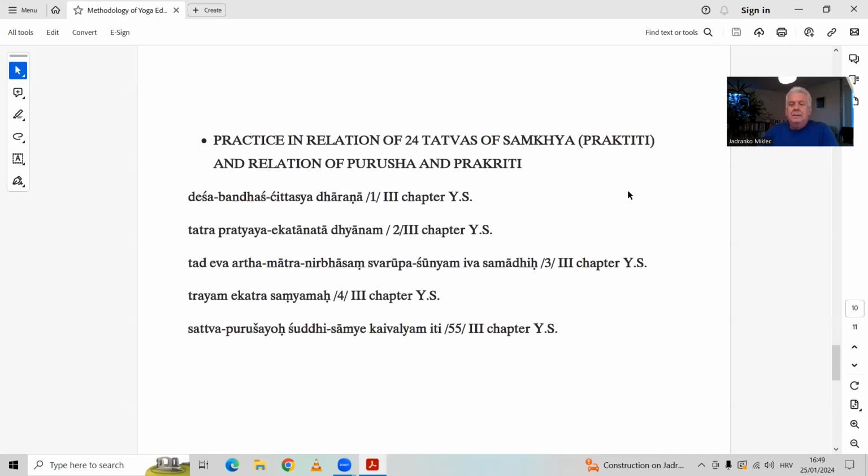And then this relates to the practice of all 8 limbs of yoga, which means the practice of yama, niyama, asana, pranayama, the kriyas also, and then meditation. And meditation leads to the state of self-realization or samadhi.